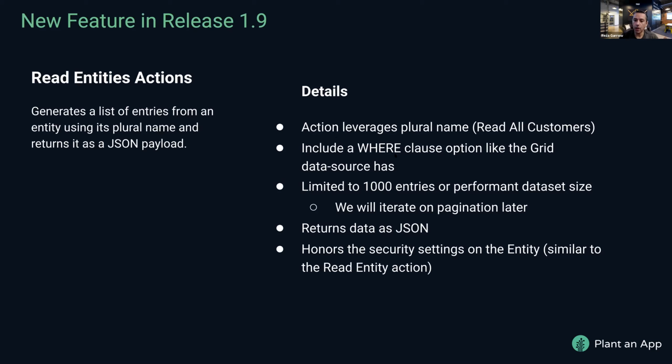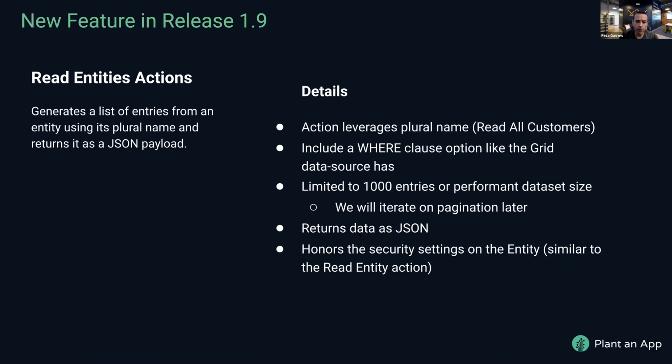You'll have a where clause ability, kind of like the grid data source has when you're using entity, so you can target down the records. You don't have to consume the entire record set that's in there. And we are limited to 1,000 entries for performance right now. We will iterate on this and add pagination in so you can take in more than 1,000, but process and work with them 1,000 at a time.